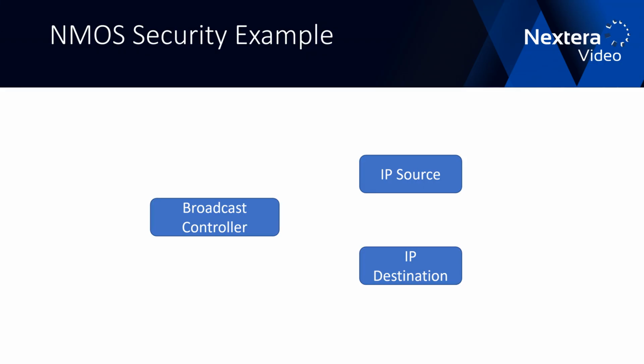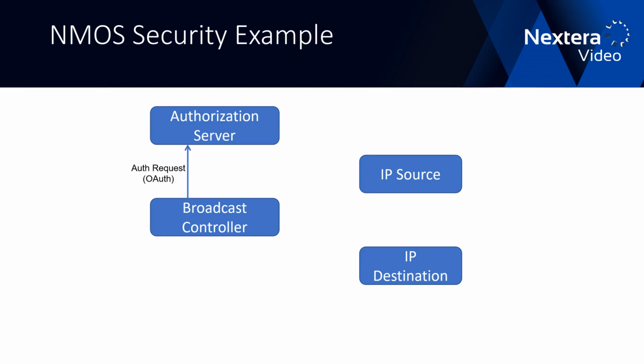An example of this is, we have our broadcast controller and we have some IP sources and destinations. We use an authorization server, and the controller will send an authorization request to the server. It's an OAuth request, and it receives this JSON web token. Then the broadcast controller wants to send an activation to its IP source.